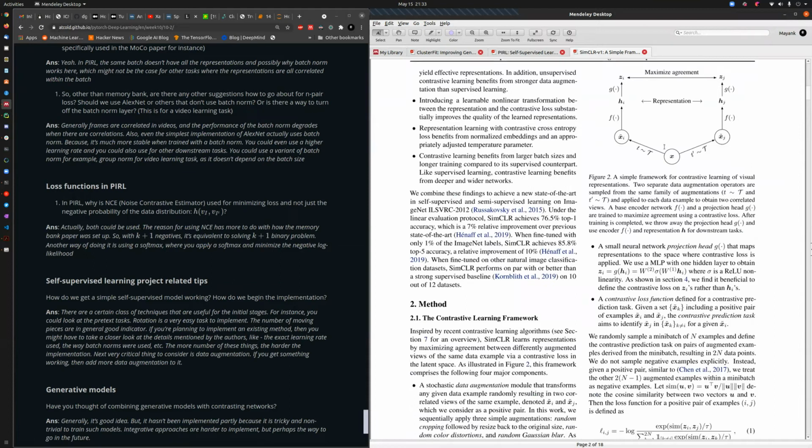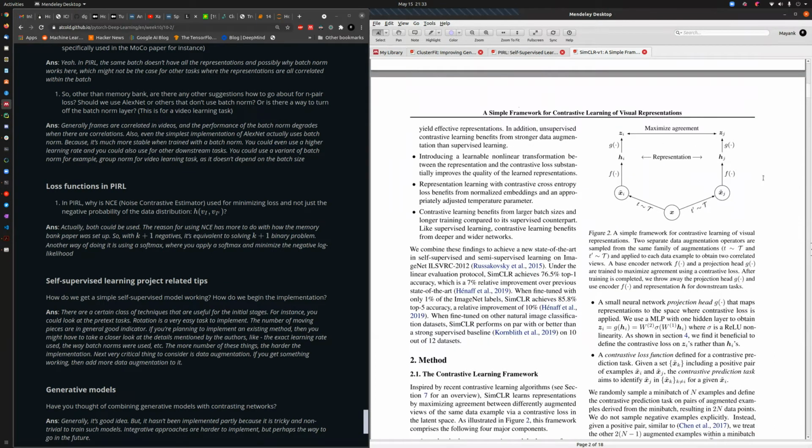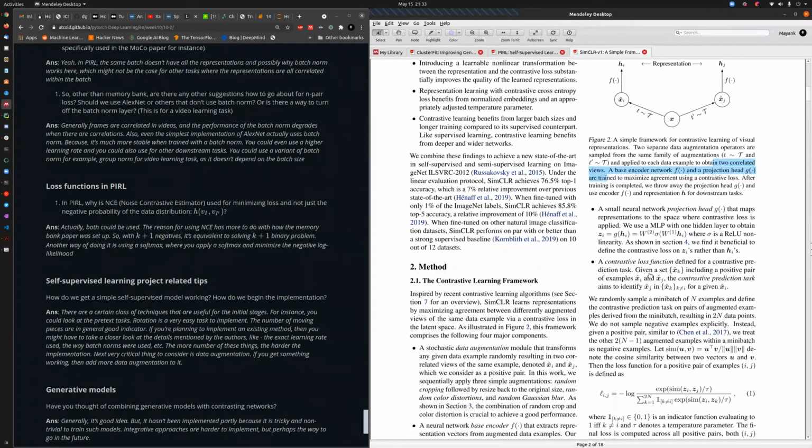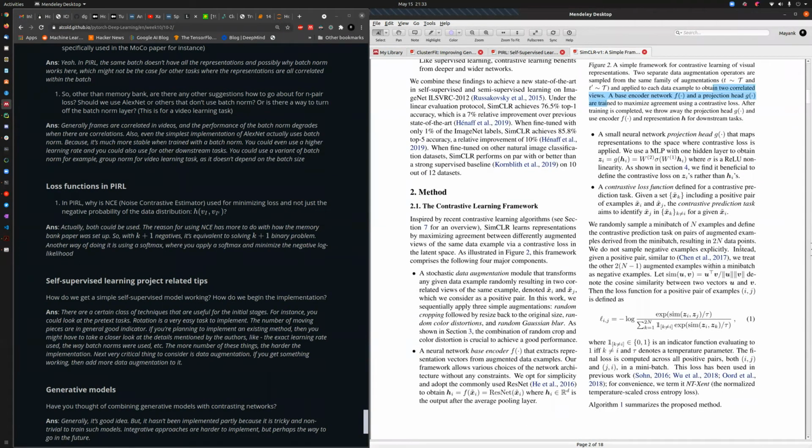They only focused on maximizing the agreements. So the improvement here was just with respect to this loss, which was totally defined on the basis of the augmentations that they had.